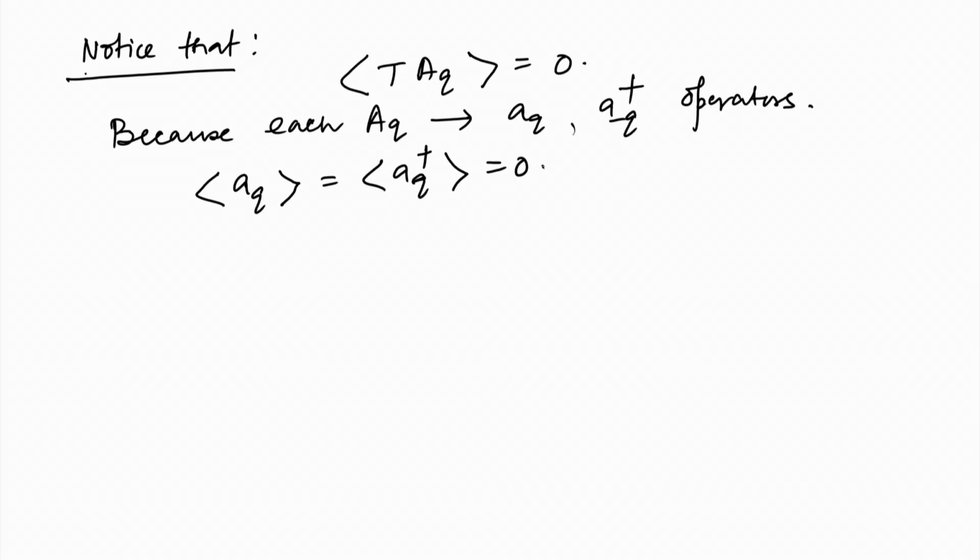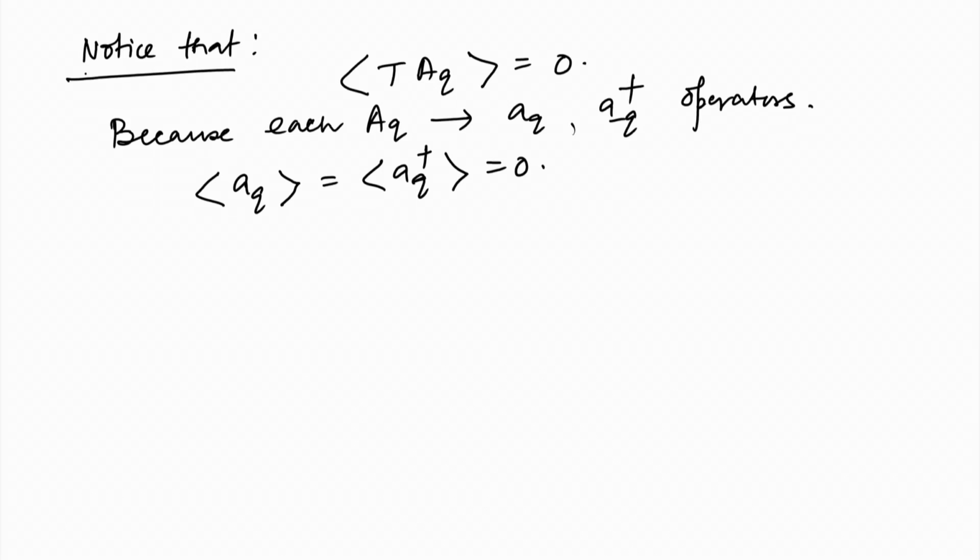Because if you create a boson in the ground state, then you have one boson more which will have 0 overlap with the original ground state, and the same with the other term which is a_q.